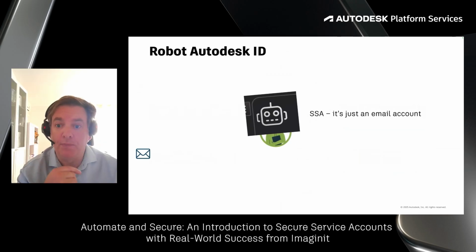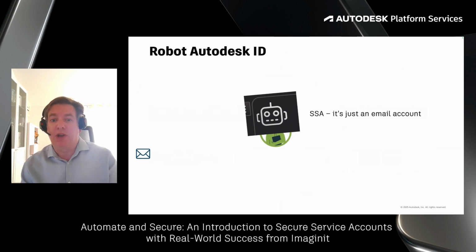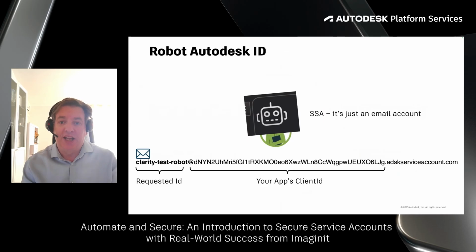So a robot account, or an SSA account, is basically just an email address at the heart of it, and it looks something like this. When you first look at it, it looks like a lot, but it really breaks down into something fairly basic.